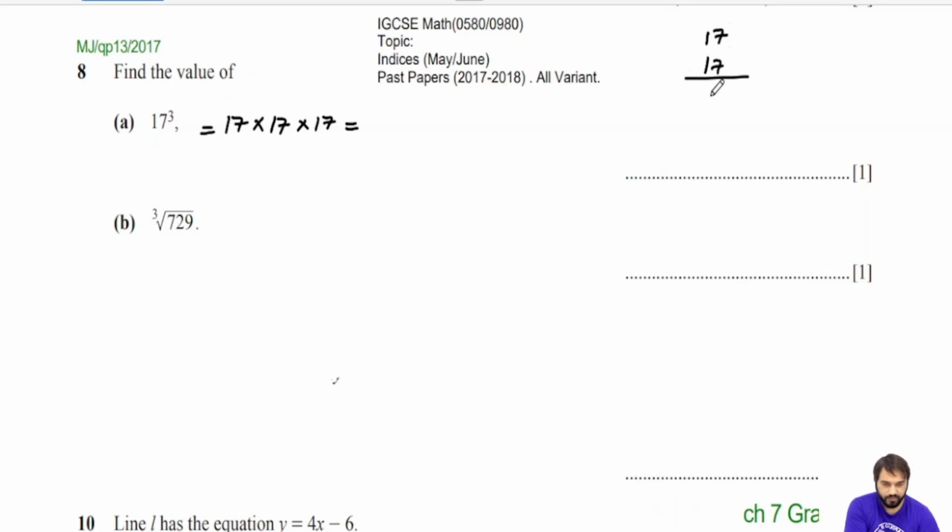7 times 7 is 49, that is 9, 4 carry. 7 times 1 is 7 and 4 is 11, again 7 and 1, we have 9, 7, 1 and 8, and 1 plus 1 is equal to 2.